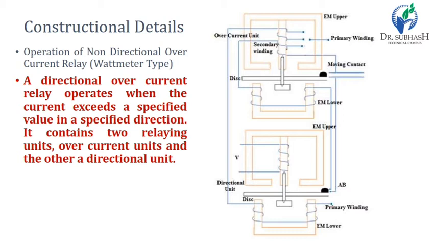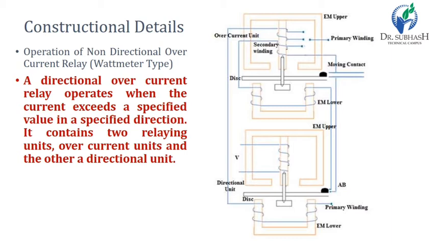which is the contact of the overcurrent unit, and it is connected with the directional features, where the potential transformer or voltage connection is employed with the lower unit, connected with the upper electromagnet of the directional unit, and the overcurrent unit is connected with the C-type lower magnet.